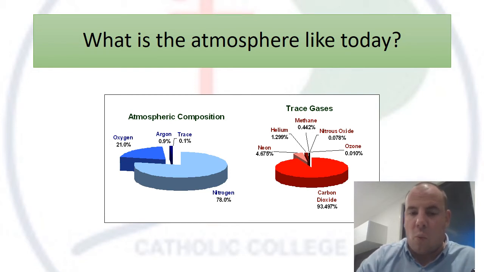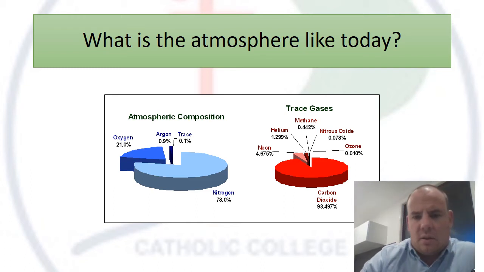That 0.1%, that trace, is what's shown in the red pie chart. The trace gases are made up of basically carbon dioxide, neon, helium, methane, nitrous oxide and ozone. Later on I'll be explaining what ozone is and why it's so useful.